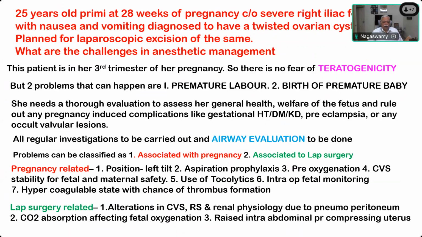Now, challenges related to laparoscopic surgery are: it will alter the CVS, RS, and renal physiology due to pneumoperitoneum. CO2 absorption will affect fetal oxygenation, because normally maternal blood will be in respiratory alkalosis. The mother hyperventilates and her normal PaCO2 will be between 30 and 35, not 40.